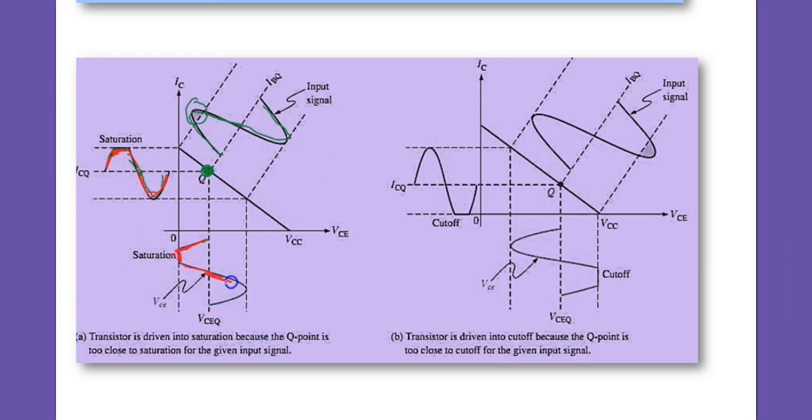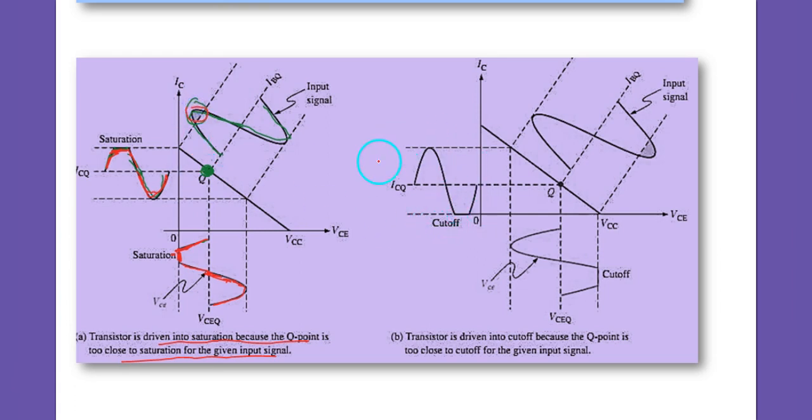So the rest of the part is okay. So the transistor is driven into saturation because the Q point is too close to the saturation for the given input signal.